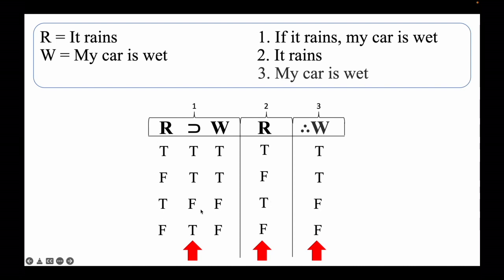The third row, notice that the first premise is false, second is true, and conclusion false. But again, it doesn't work because, as I said, the only combination that renders an argument invalid is if the premises are both true and the conclusion false. So that tells us that the argument is valid.